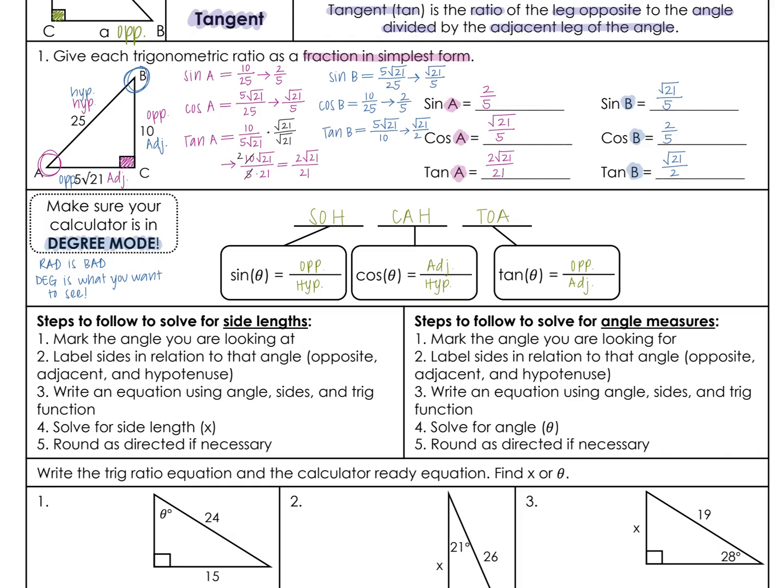Step 1 is mark your angle for what you're looking at. Step 2, label your sides in relation to that angle, opposite, adjacent, and hypotenuse. Step 3 is to write an equation using your angle, sides, and the trig function. Step 4 is solve for the side length. And step 5, round as directed if necessary.